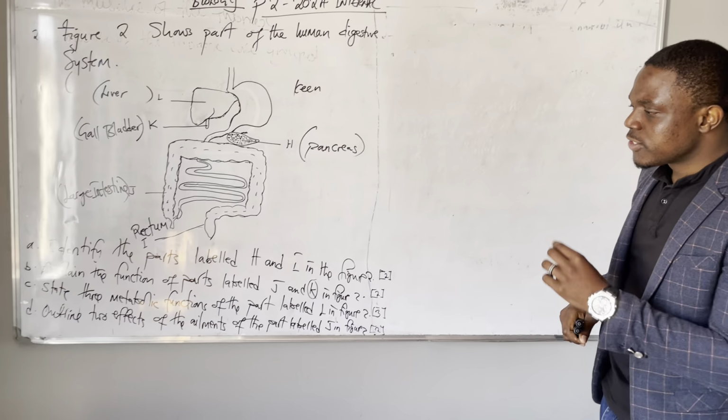When we talk of deamination of excess amino acid, remember we have the term excess, meaning that this amino acid might not be needed inside the body. So the deamination process means this amino acid is converted into something that the body can excrete.